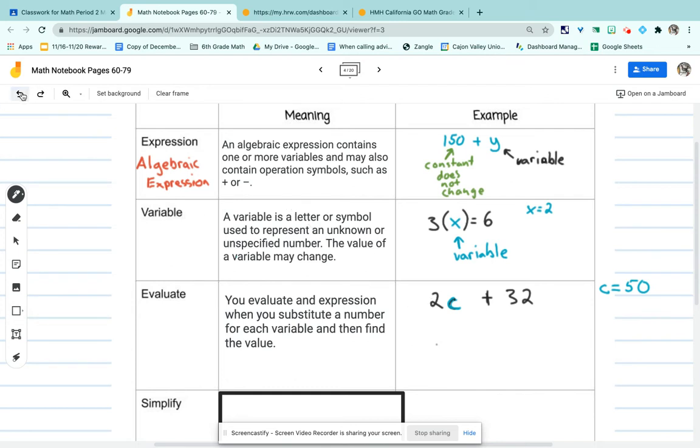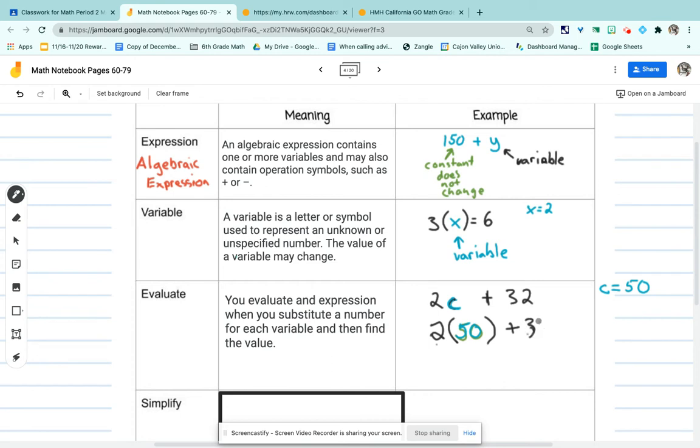Okay, so 2 multiplied by C. So I'm going to make parentheses here, and C is 50. So I'm going to substitute that C with 50, in blue, and put that inside parentheses. So we have 2 times 50 plus 32.